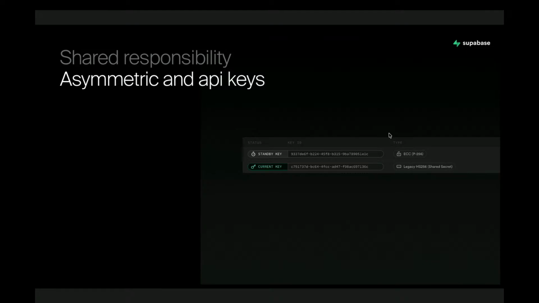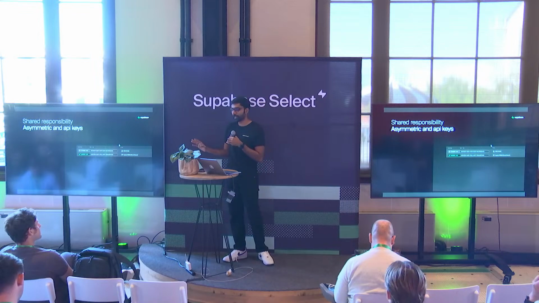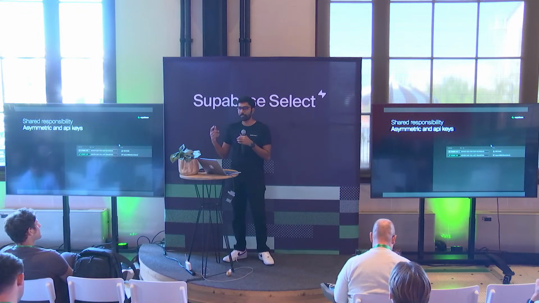It was a very complex operation, which means that users didn't do that as often as they probably should have. With the launch of asymmetric keys and API keys, you can do that much more easily without any downtime, and you are in much more control of how that process happens. Asymmetric keys also eliminate one whole class of vulnerabilities, because all the JWTs generated by Supabase Auth are signed by a private key, which never leaves the Auth server at all.